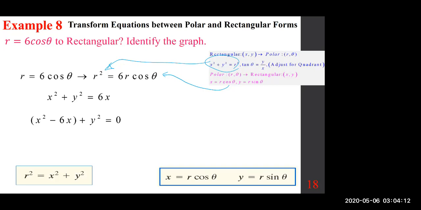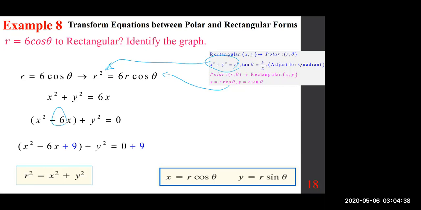Do you see that b is negative 6? Sorry. b is negative 6, divided by 2, negative 3. Square that, positive 9. So you add positive 9 to both sides.